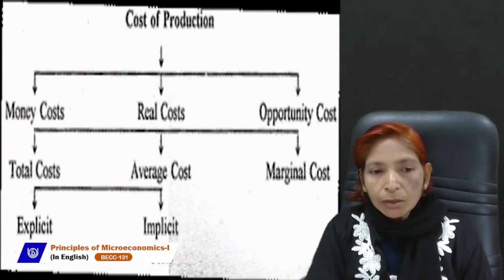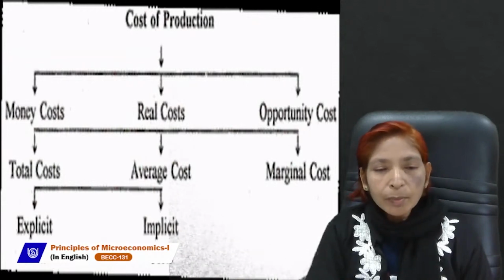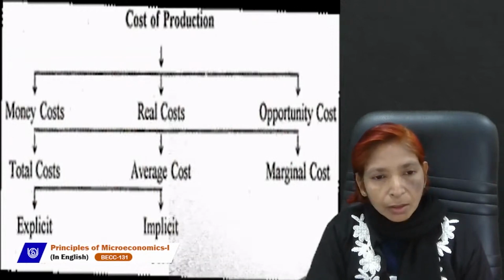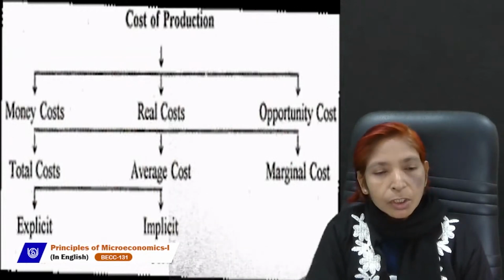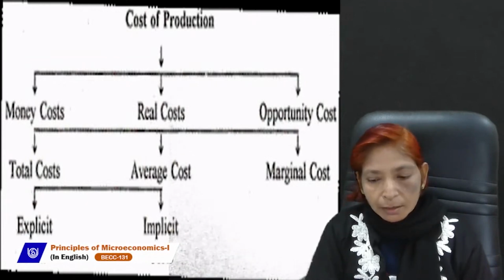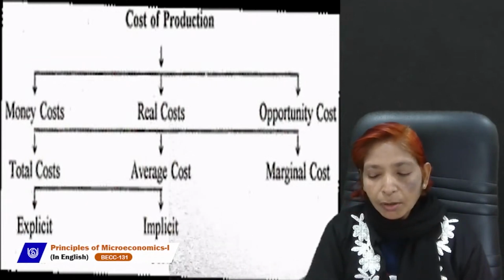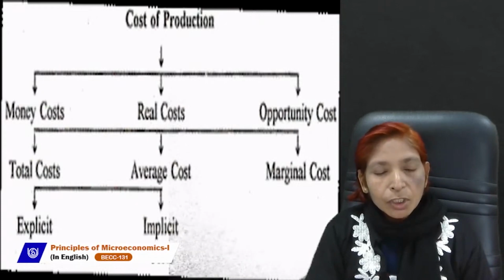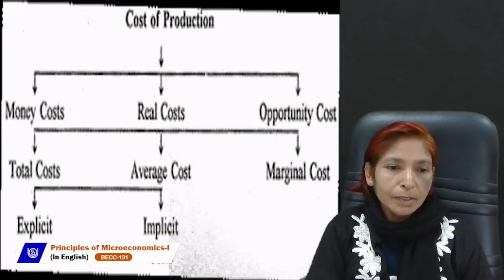And next is real cost. Real cost can't be measured in terms of money. Real cost is that cost in which we use our valuable time or our comforts, the sacrifices which we make in the production of goods and services.